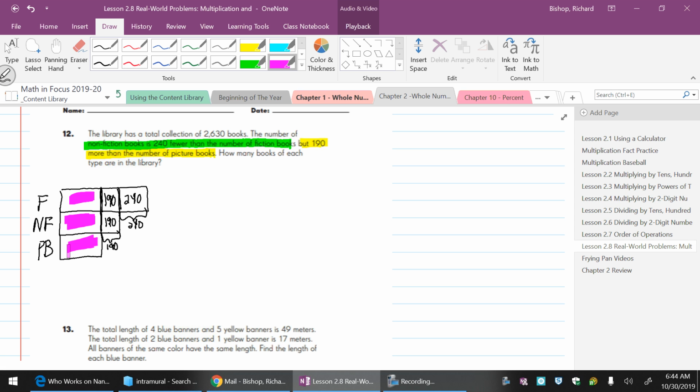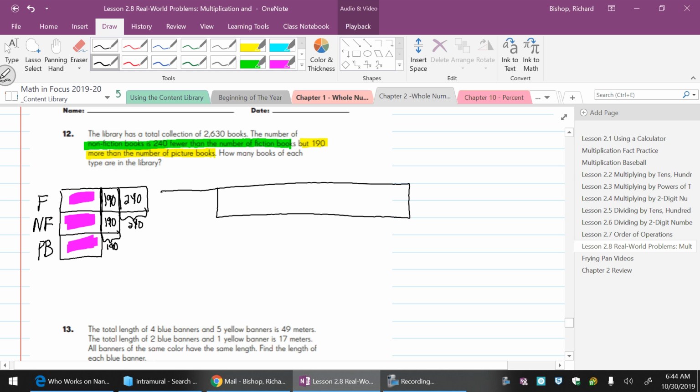Let's see if that makes sense. Go to my large frying pan. And these are going to be types of books. Okay. And I know that I have picture books, which are less. And I don't know exactly how much that is yet.